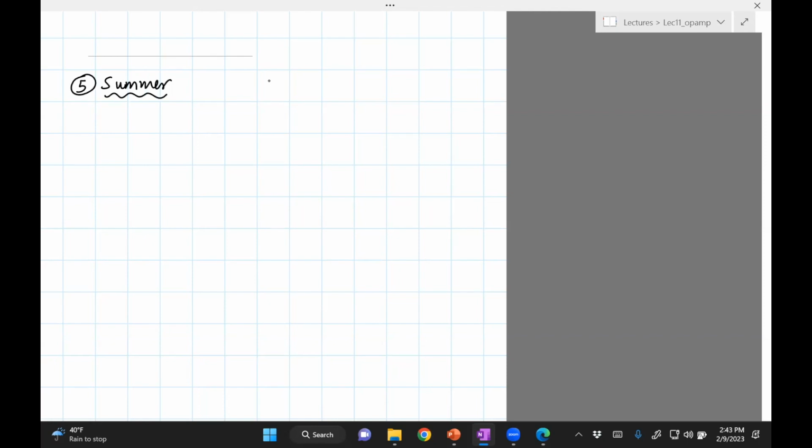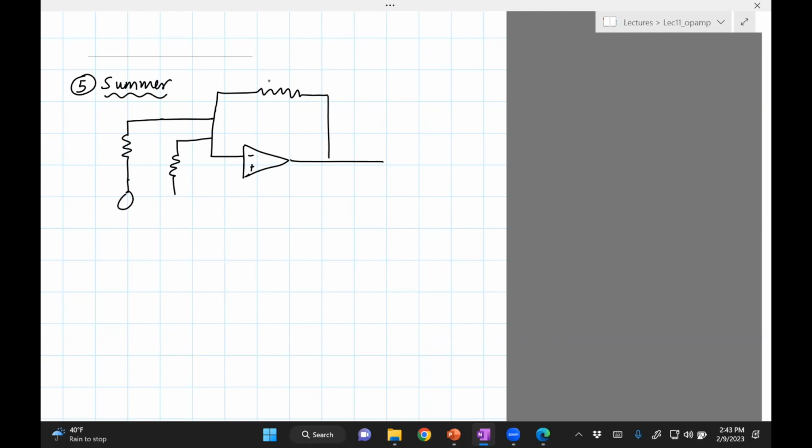So, op-amp. Okay, there are two branches which take two resistors connected to voltage sources.